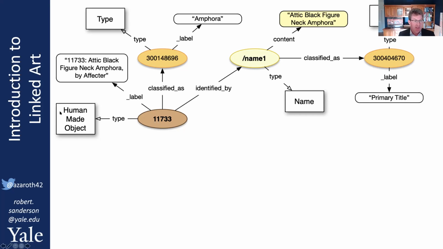And that's why you do not see E22 human-made object, or P1 is identified by in these slides. Instead, we use the more developer-oriented casting of those properties and class names into something that's familiar to JSON developers.